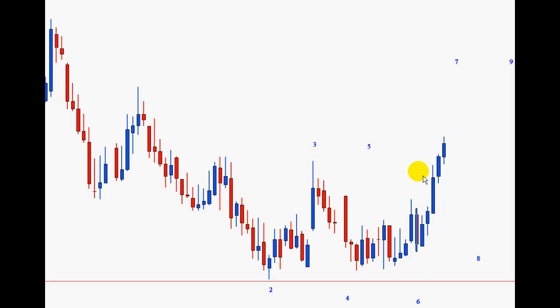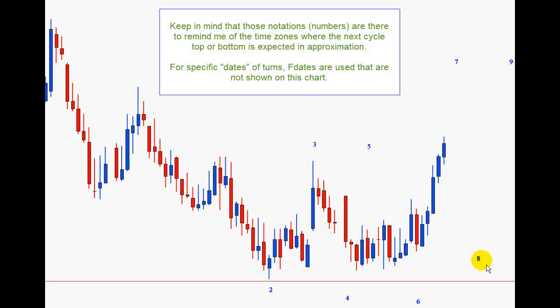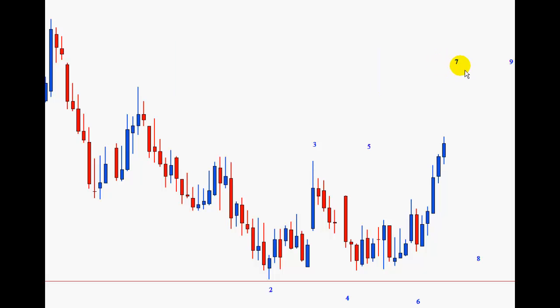So now this market is definitely starting to make an advance, but it's starting to move into this next cycle top period, but it will be short-lived because you can see the cycle bottom period is quickly following the top. Okay, so I anticipate more and more higher. Now, where I put these numbers is not saying that that is where the price will be.